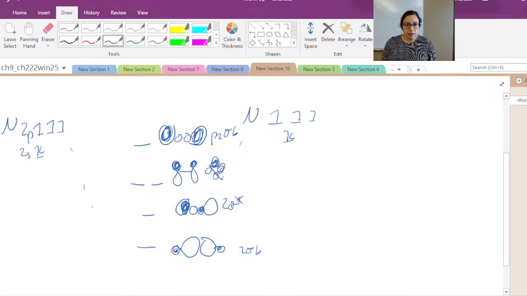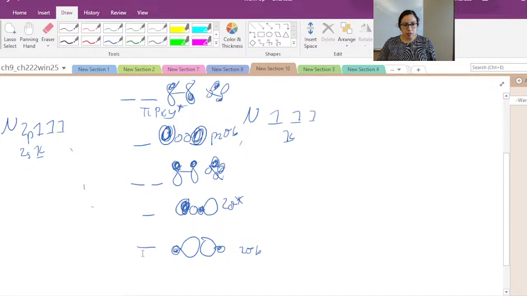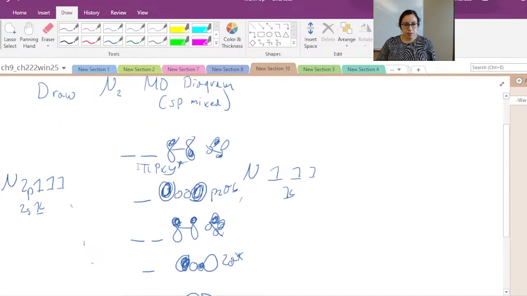All right, so then continuing, now we start getting into our antibonding. So now we can make our P antibonding: PX, PY, pi antibonding. And then double check yourself, 1, 2, 3, 4, 5, 6, 7, and that leaves us with 8.